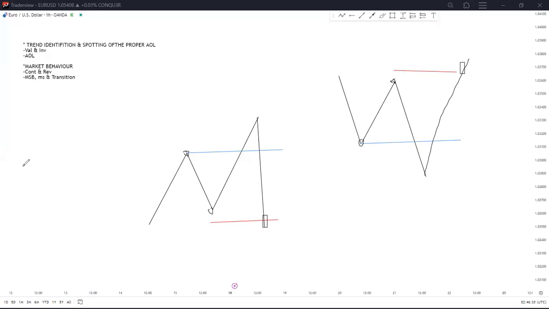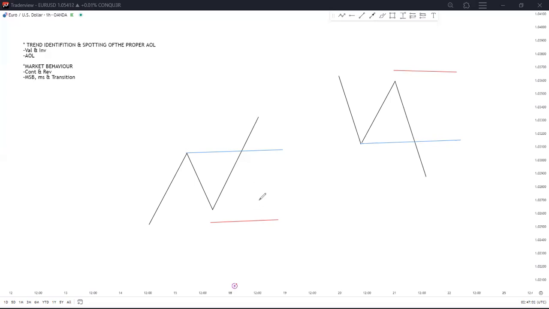So let's go into where our area of liquidity is. We have already said we have two types of area of liquidity: the bullish type and the bearish type. And we already know how to identify the validation point and invalidation point, which is one way to spot your area of liquidity.